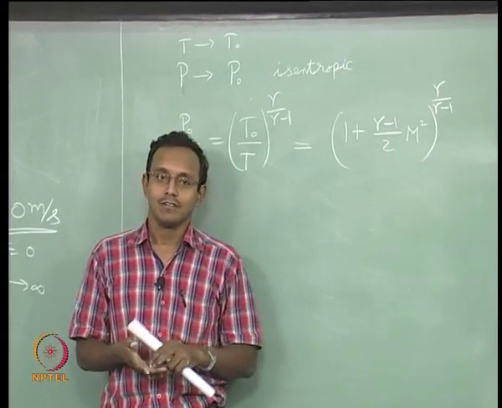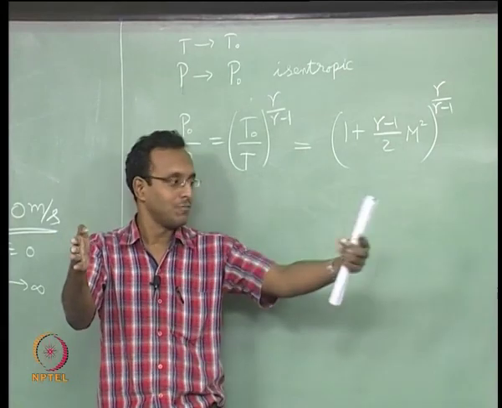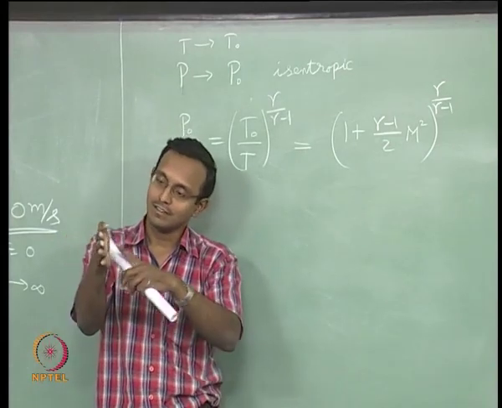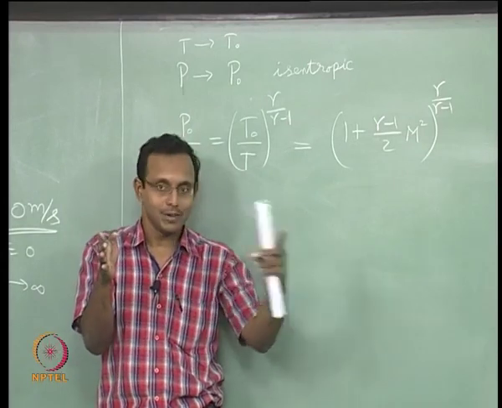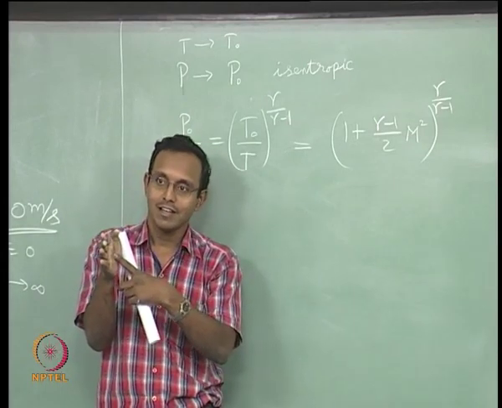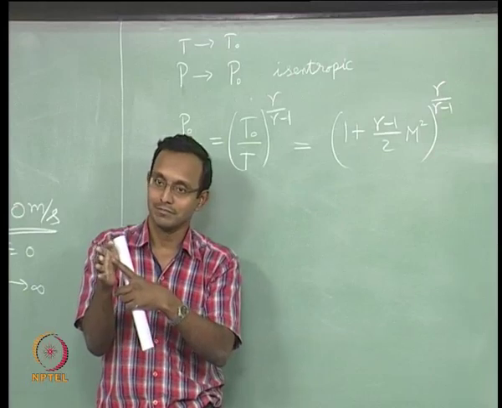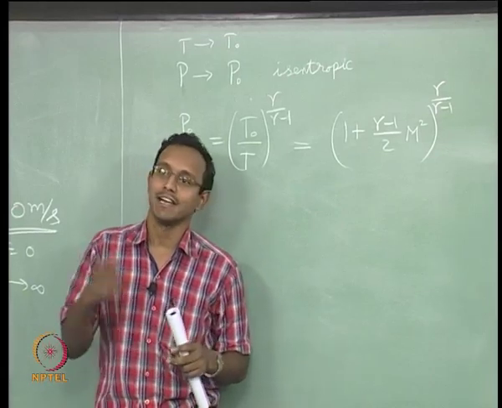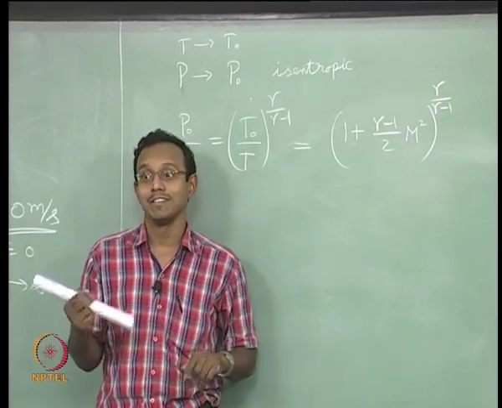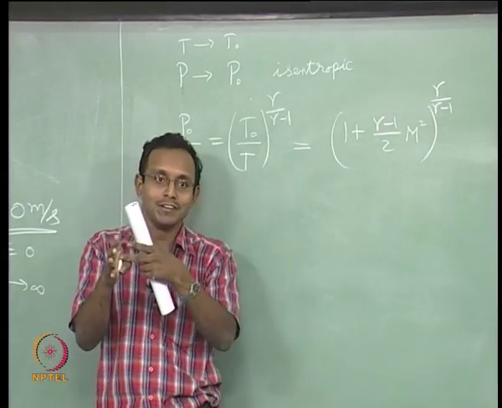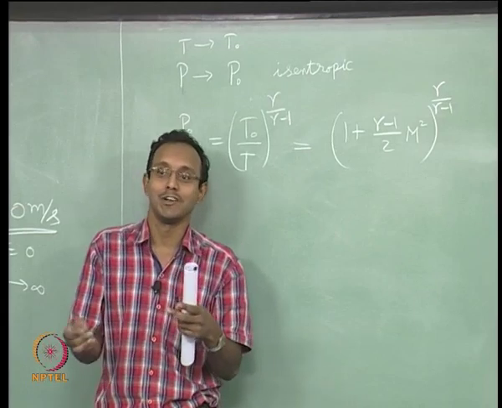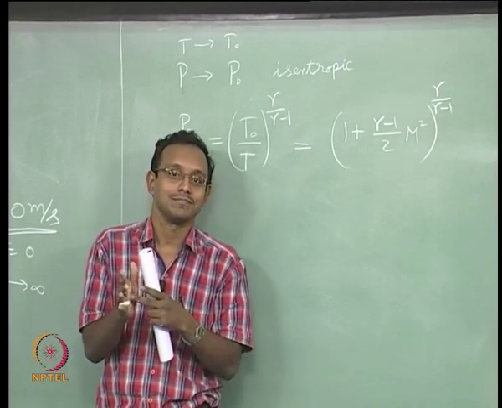If you are putting some block and flow is coming and hitting it, then the pressure experienced here will be related to the fluid element coming to rest in front of your hand and then measuring the pressure here, that will be your stagnation pressure. Of course, now I have to think about, is the process of taking the fluid from there to here to come to rest, is it isentropic? I have to be careful there, okay.